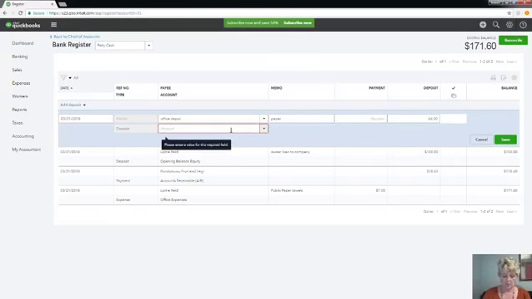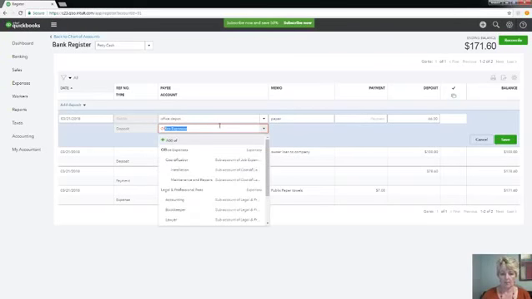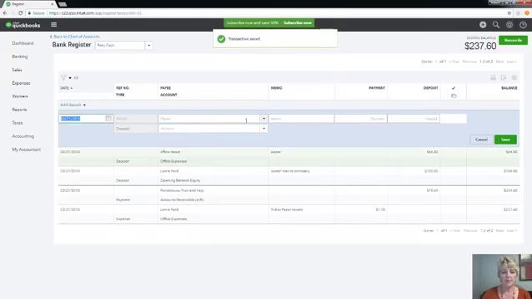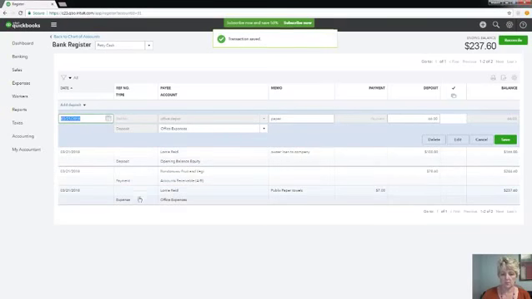And again, we're going to go office supplies because it's office expense. There we go. Now, let's go into office expense right here. Let's edit this.